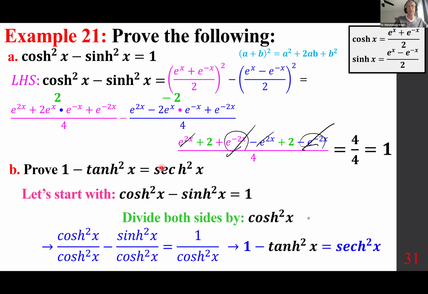And that is the proof. So I hope you see, in order to prove hyperbolic identities, you act similarly to trigonometric identities. It's very straightforward. So you start with what has already been proved or definition.